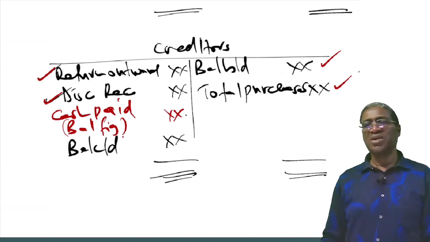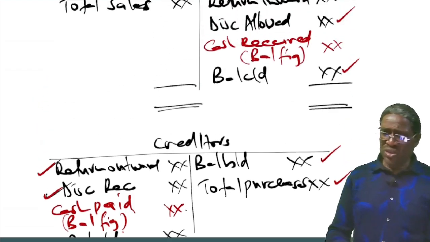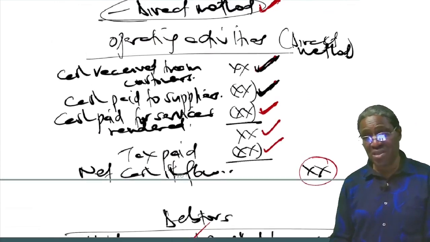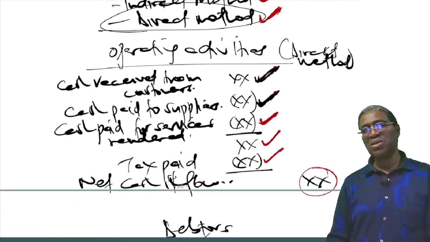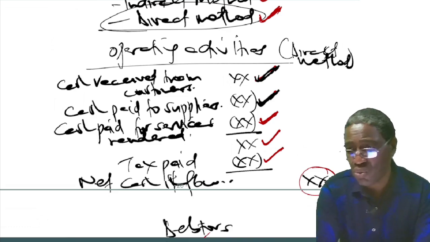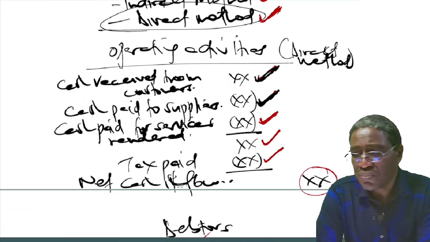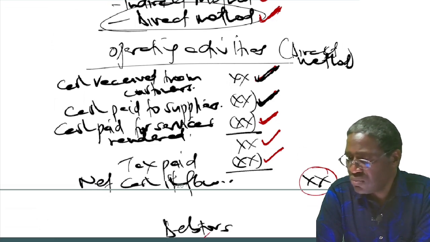Good. So before we go to the last amount, which is the cash paid for services rendered, I think we can now put down what we have already said. For those who were there last week or last time, you will remind me, did we put down the summary note on the format of the direct method?